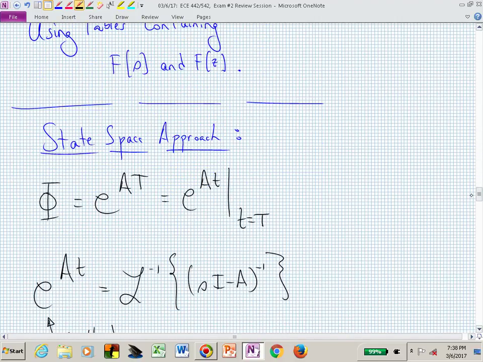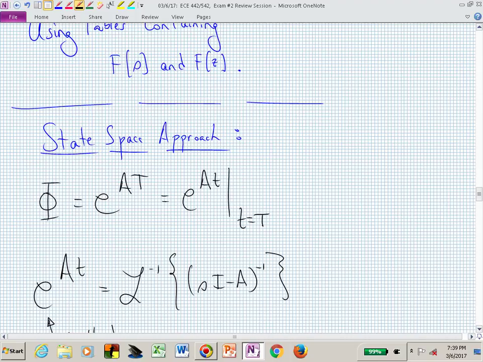Now, as if I couldn't make it more challenging, the state space approach, I talked about two different ways of doing that. The exact approach, which is being illustrated here, and a numerical approximation approach. The exact approach is when you're finding the system matrix in the discrete time setting, capital Phi, from the system matrix in the continuous time setting, capital A, and you want to find the matrix exponential of e to the A capital T. A is a matrix, capital T is a scalar.